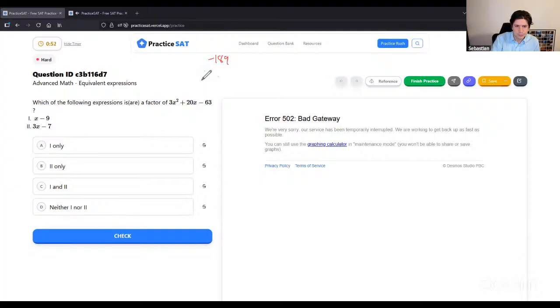Then you're going to do what has a difference of 20 and multiplies to negative 189. So you have 9 times 21. 3 times 63.